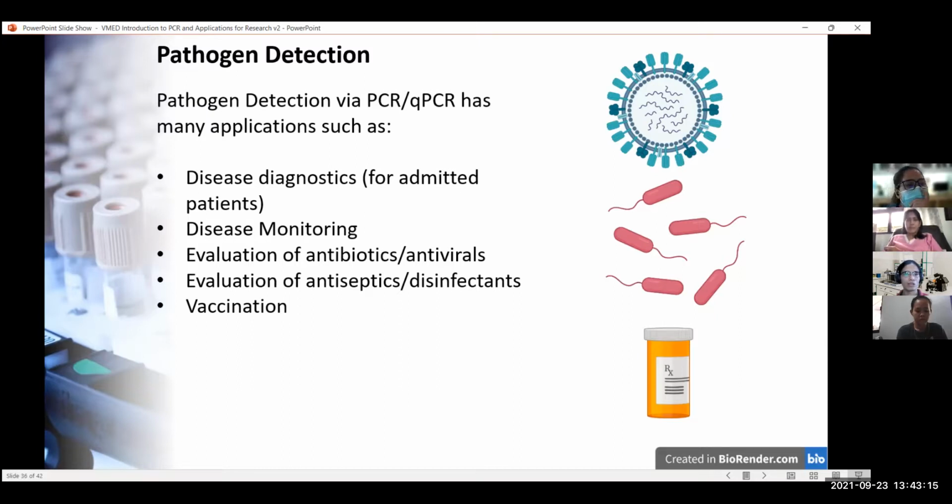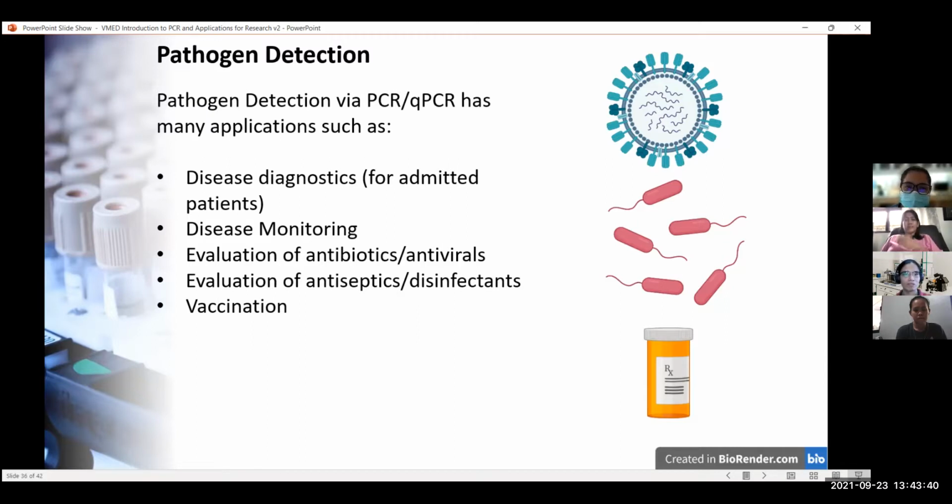For example, antibiotic resistance is conferred by genes, usually on plasmids. So if you want to know whether or not a certain bacterial species has antibiotic resistance, you can do the Kirby-Bauer method, or the one in the phenotypic analysis, or you can also do PCR.